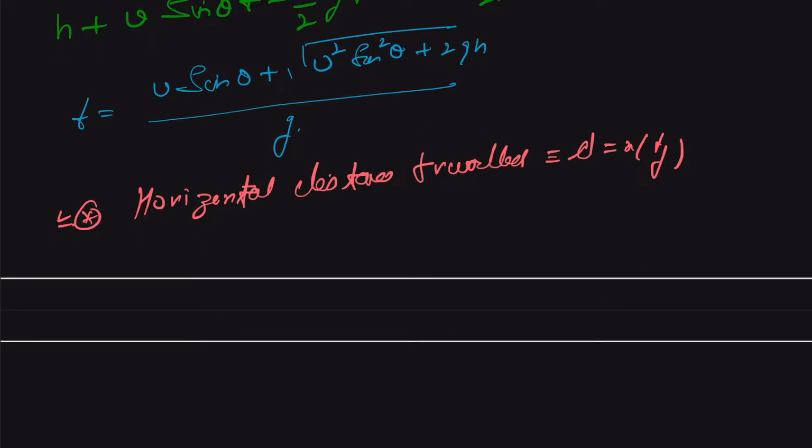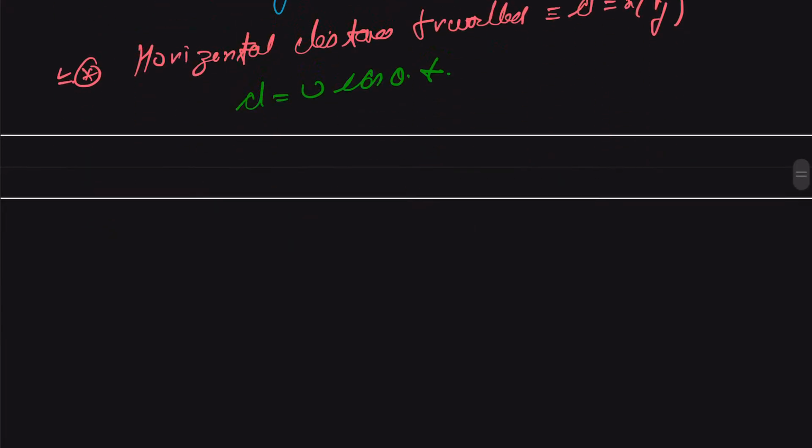So our d will be equal to v cos theta multiplied by t, and we already know the value of t, so we substitute it.